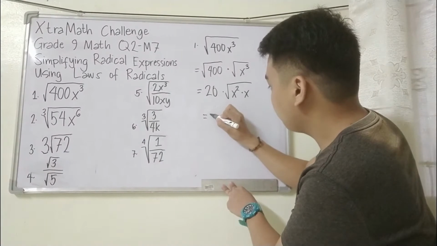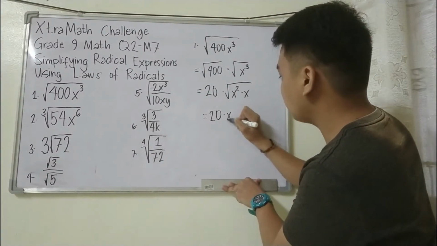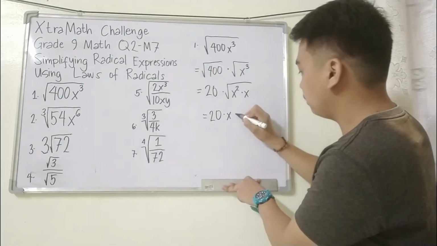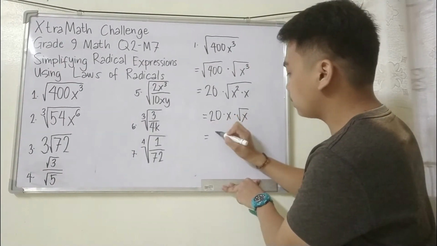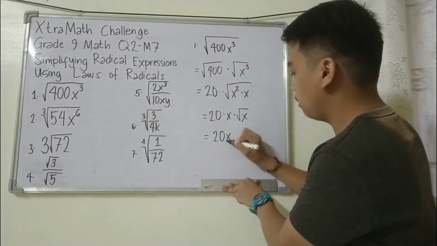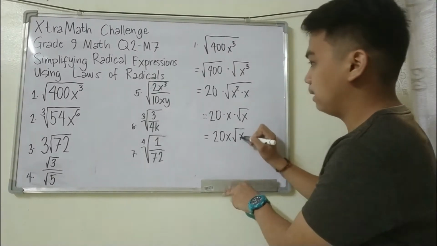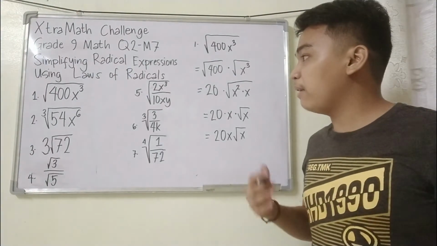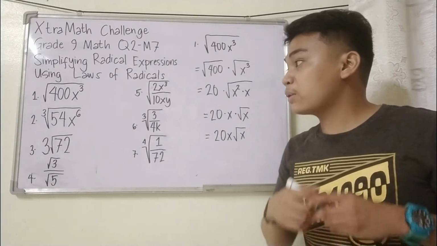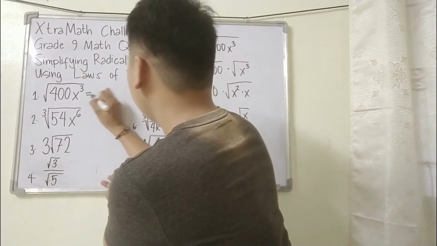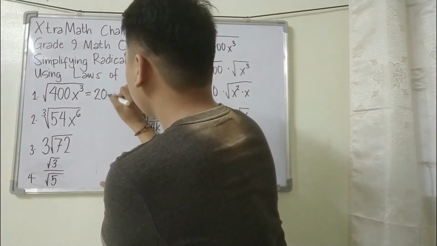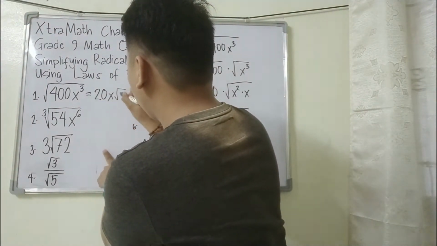So we have 20 times x, and square root of x. So that is 20x square root of x. That means that the simplified form for the square root of 400x cubed is equal to 20x square root of x.